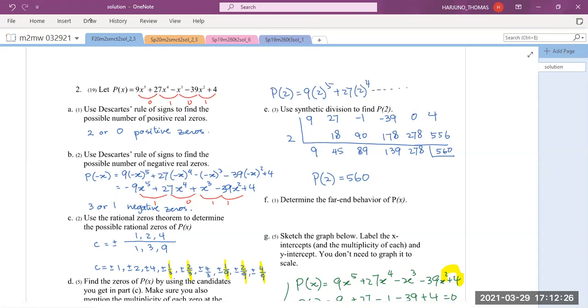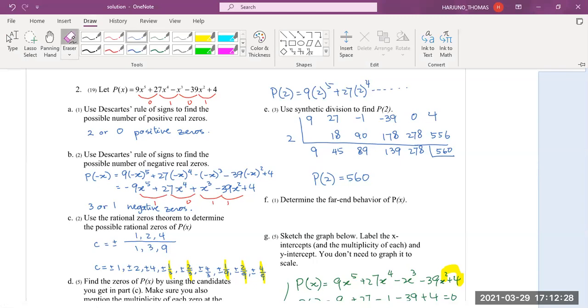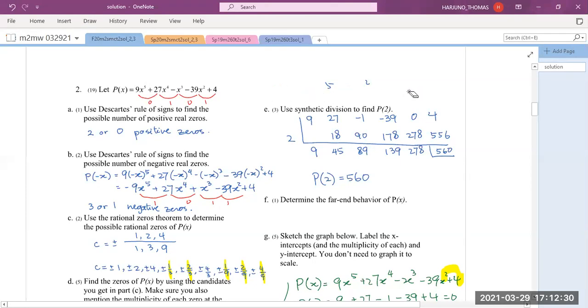But trust me, it will take you some time to compute it that way. And here I specifically say I want you to use synthetic division. So the answer for this question is P(2) equals 560.